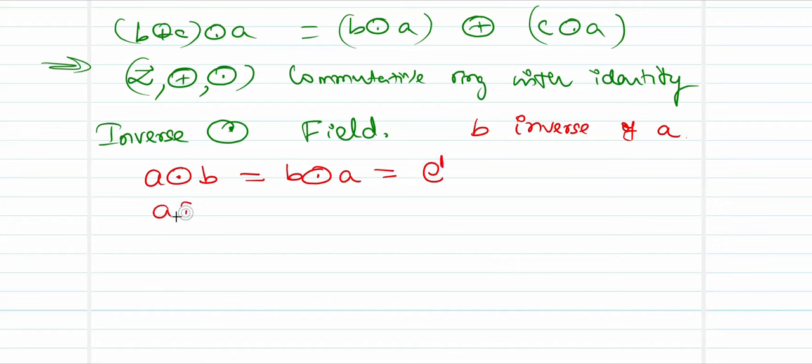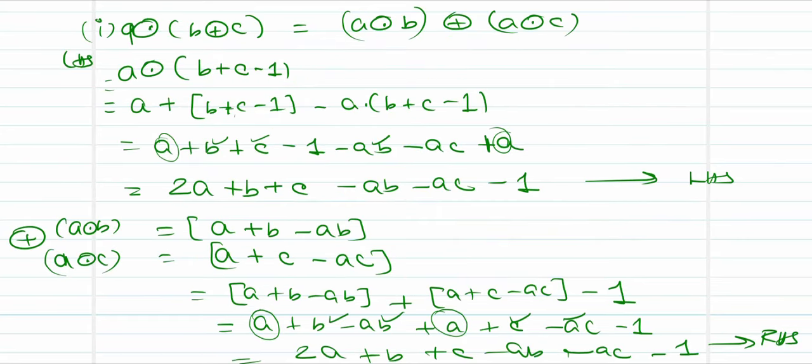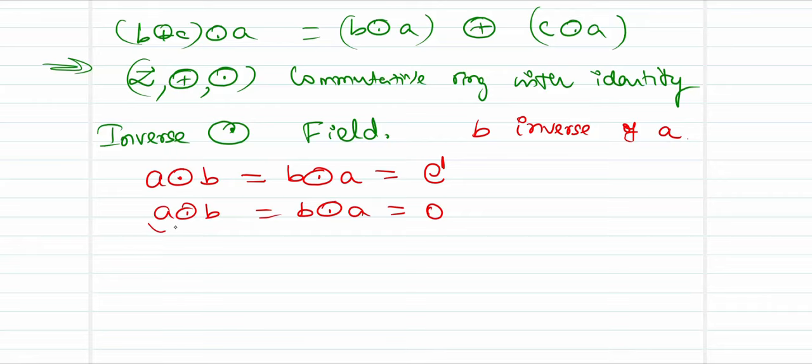So A dot circle B or B dot circle A must give me the identity element. What was it? It was equal to 0. So now I can take A dot circle B, which we define as A plus B minus AB. So this is going to be A plus B minus AB, which is going to be equal to 0.